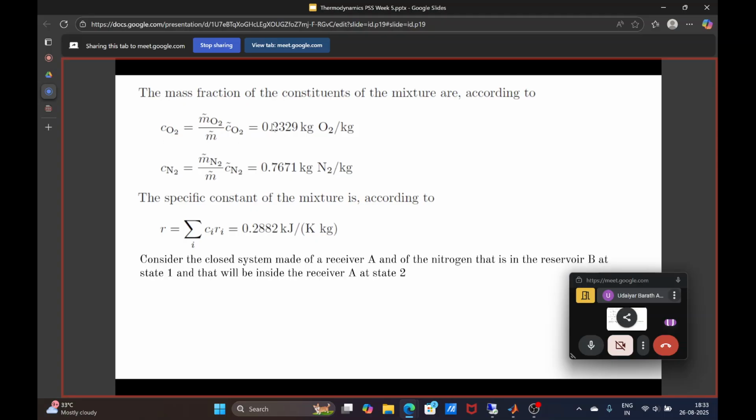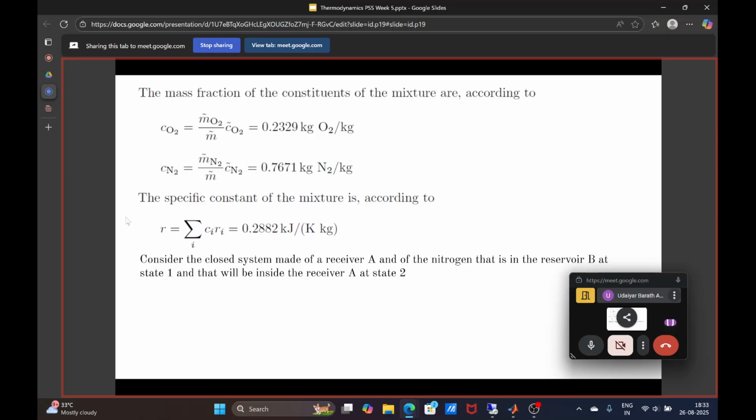So the mass fraction is 0.2329, and similarly for nitrogen the mass fraction will be 1 minus this, or we can find it using the molar mass of nitrogen times the mole fraction of nitrogen divided by the total molar mass. So that will give you the mass fraction of nitrogen, or straight away 1 minus the mass fraction of oxygen. Both will give you 0.7671 kg of nitrogen per kg of the mixture.